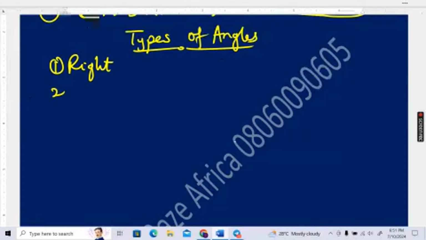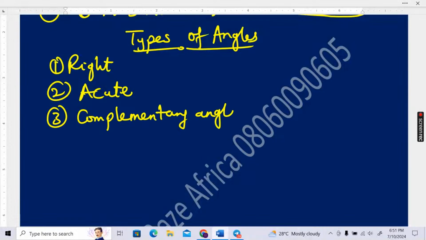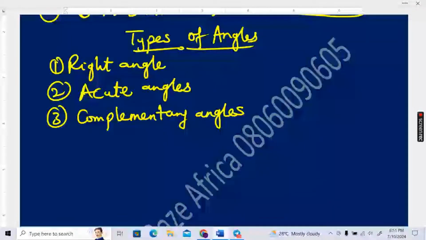We have also learned acute angle, which is an angle that is less than 90 degrees. We've learned complementary angles. This is when two angles added together give you 90 degrees, okay? When two angles added together give you 90 degrees, we call them complementary angles.